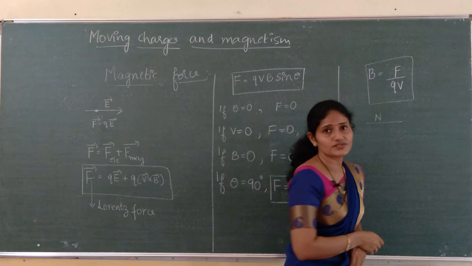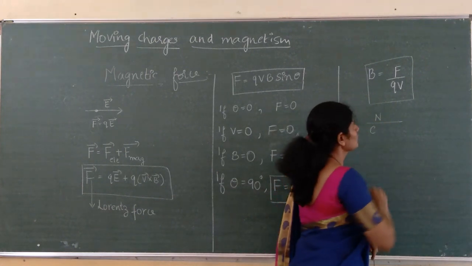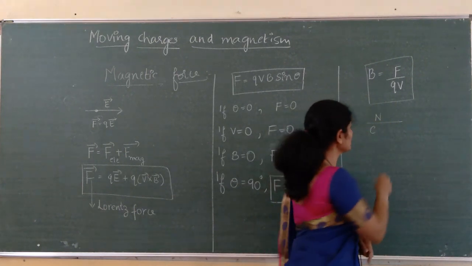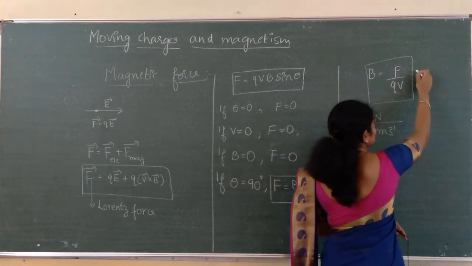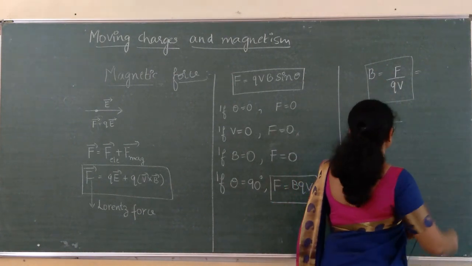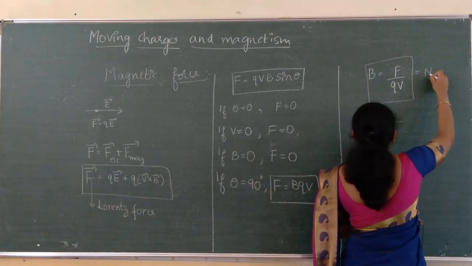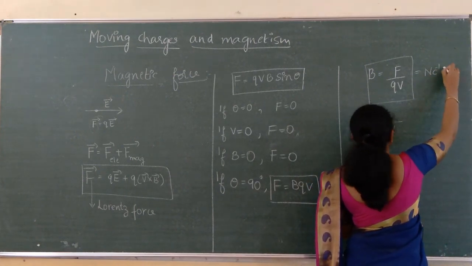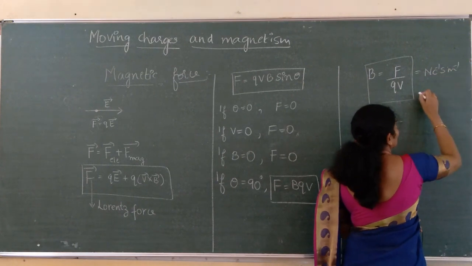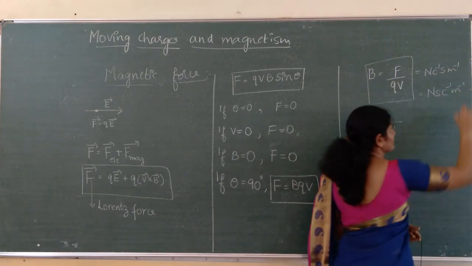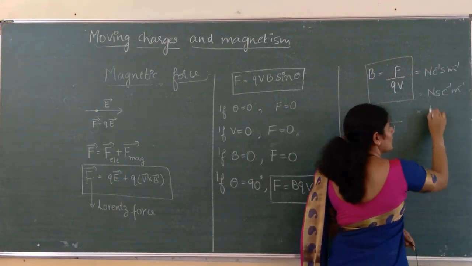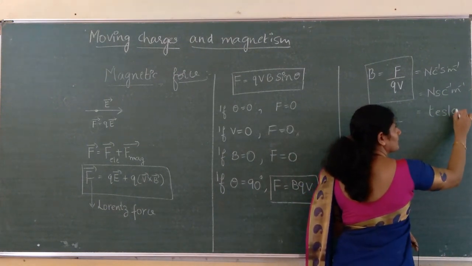What is the SI unit of charge? Coulomb. What is the SI unit of velocity? Meter per second. So, the unit of magnetic field is Newton per Coulomb meter per second, or Newton second per Coulomb per meter, or this is also called Tesla.